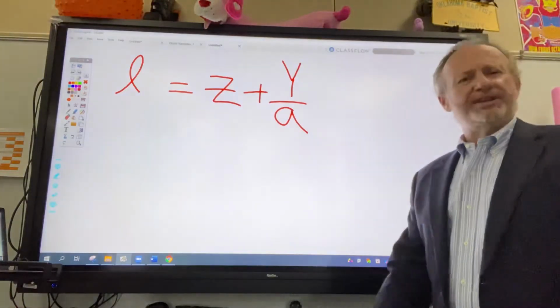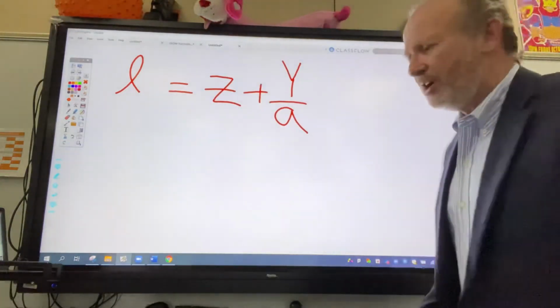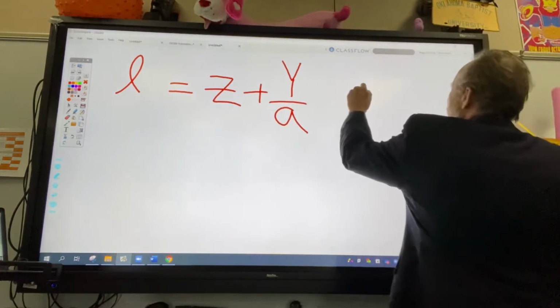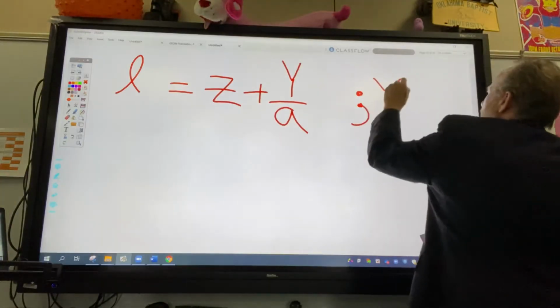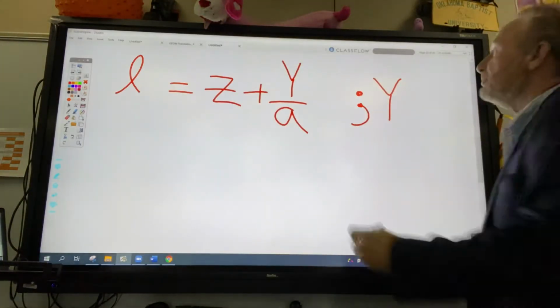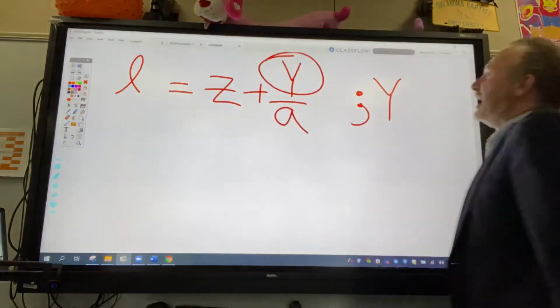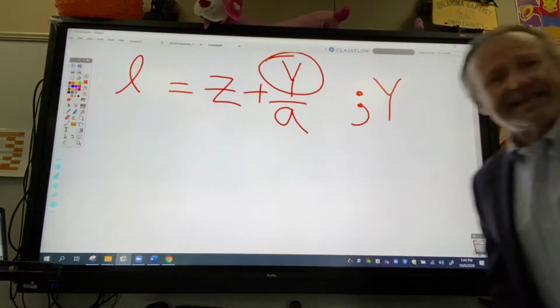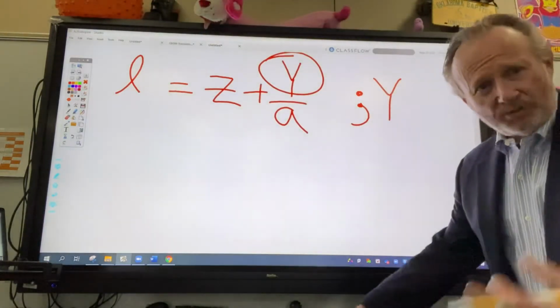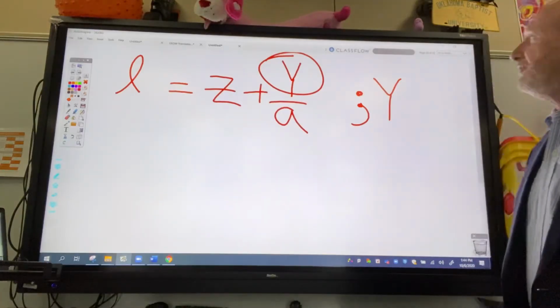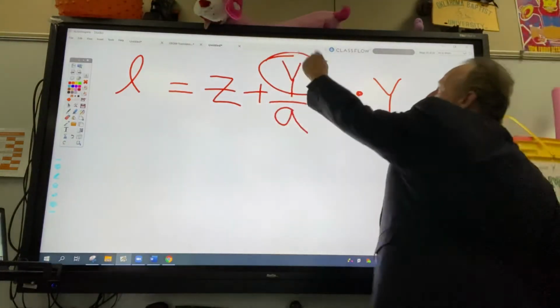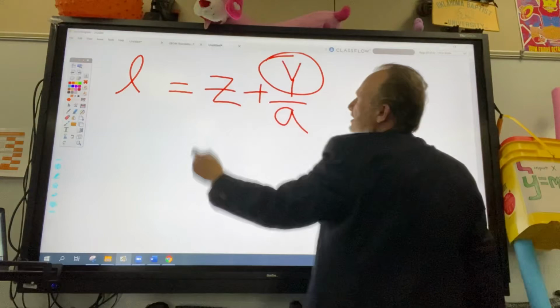How are we going to solve it? Simple. The first thing I got to know is, what am I solving for? I'm going to solve for capital Y. So the first thing I'm going to do is circle the capital Y. That's the last cat standing in the equation when I get all the way down. I'm solving for Y.